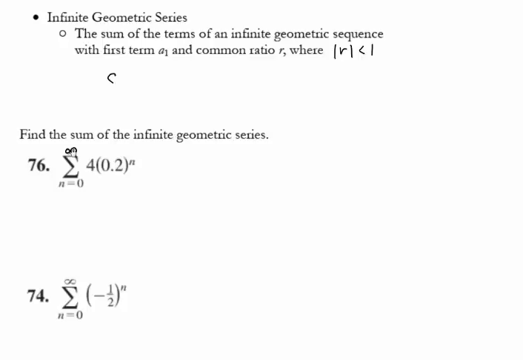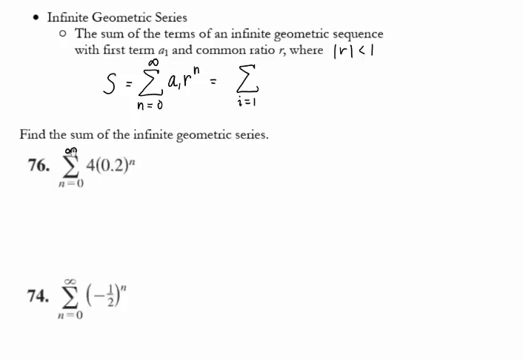So we can write that as the sum of the geometric series, the sum from n equals 0 to infinity of a1 times the common ratio r to the n power. This is the same thing if we change the index, and you might see this also from maybe i equals 1.